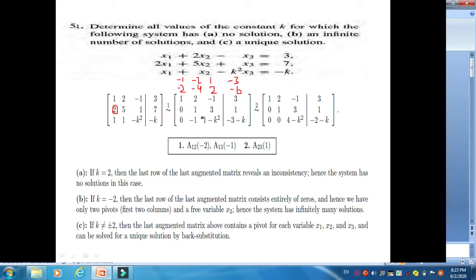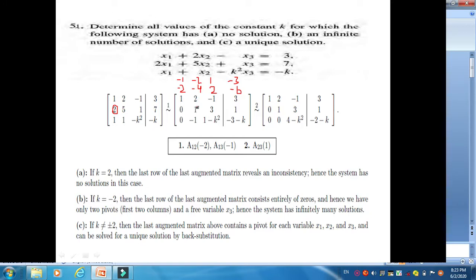So now it satisfies the first condition of REF, that we have the leading one on the first row and below the leading one all elements equal to 0. On the second row we have the leading one, that is 1, and below the leading one we must convert minus 1 to 0. So how may we achieve that target? We must multiply row number 1 by plus 1 and add it to that row.